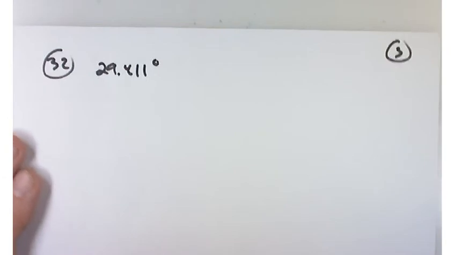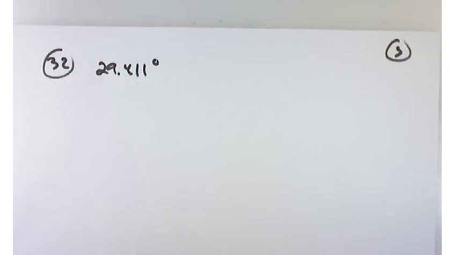Let's try one in the other direction. And that's going to be problem number 32. So 29.411 degrees. Want to convert that from degrees to degrees, minutes, and seconds.